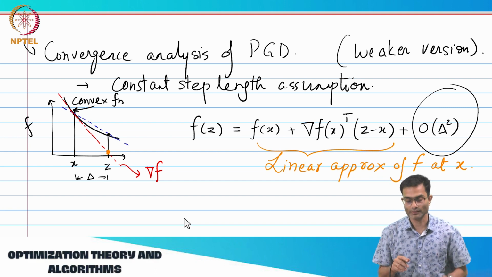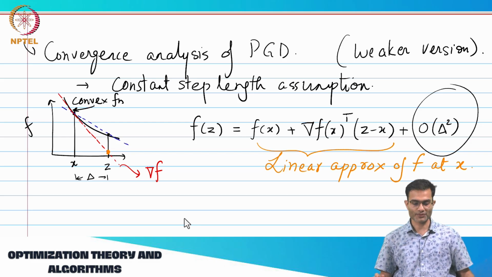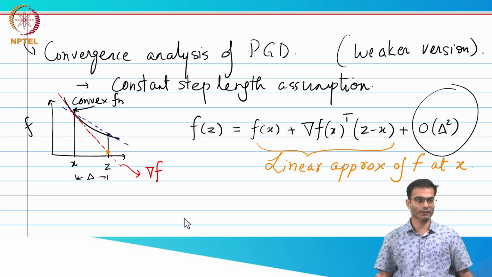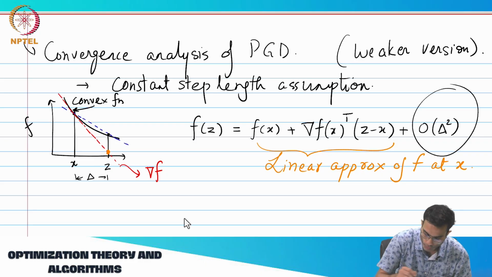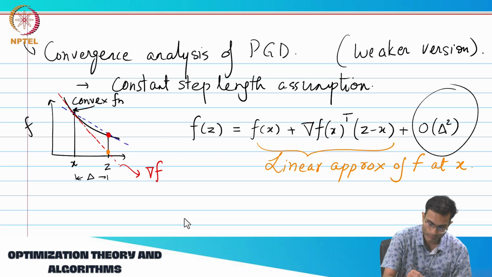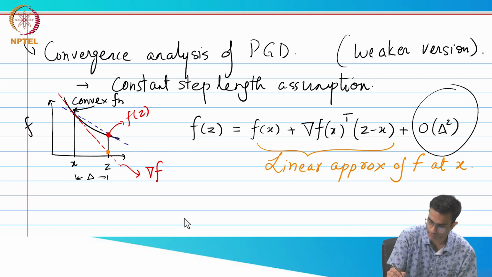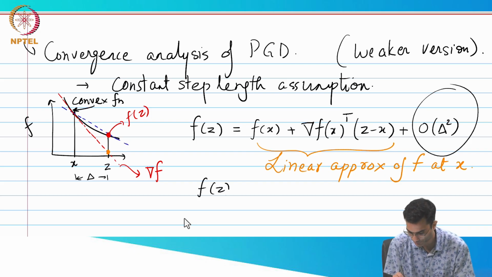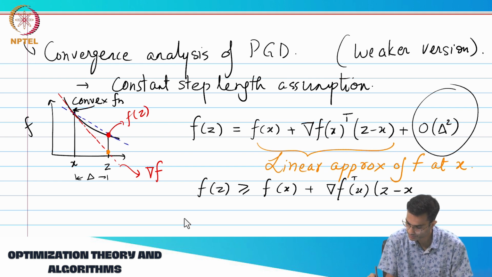Do you think that we can write this as an inequality? F of z will be greater than or less than? Greater than. It's a convex function. You can see it on the graph. This point over here, the red dot, is f of z clearly. So it's very easy to see that f of z is greater than or equal to f of x plus grad f transpose x times (z minus x).